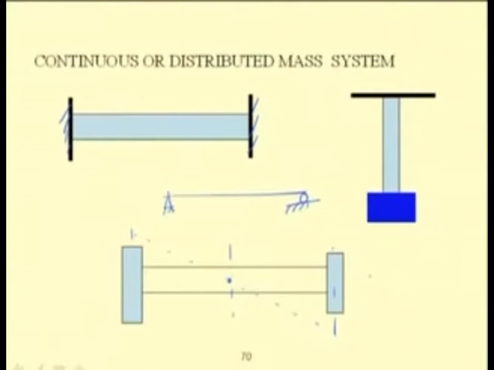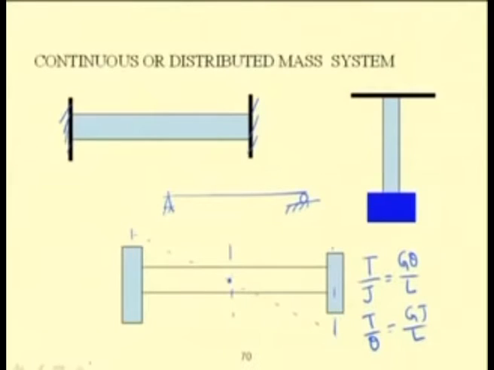If the system parameters are known to us, then by using the torsional relation T by J equal to G theta by L, one can find T by theta, that is the torsional stiffness, equal to G J by L. These two modes can be considered if one neglects the mass of the shaft, but when the mass of the shaft is considered, then the system will have an infinite number of natural frequencies.